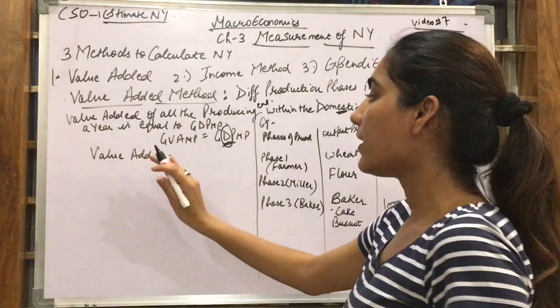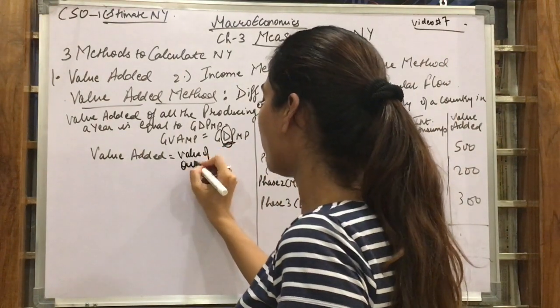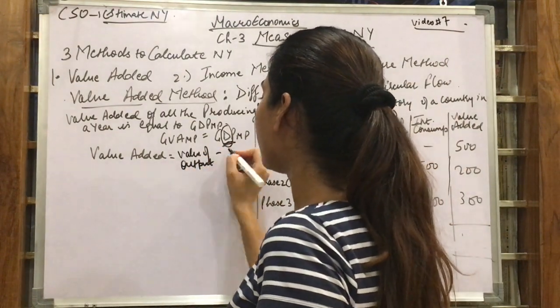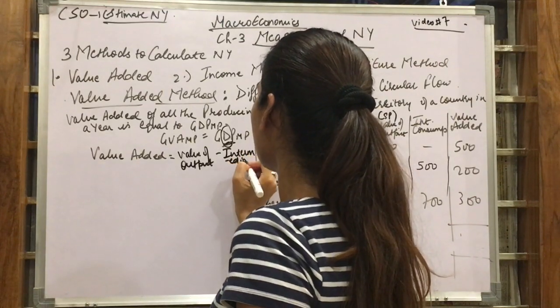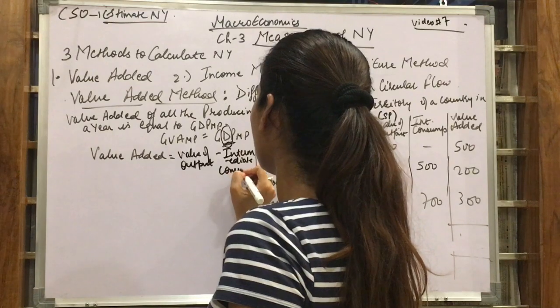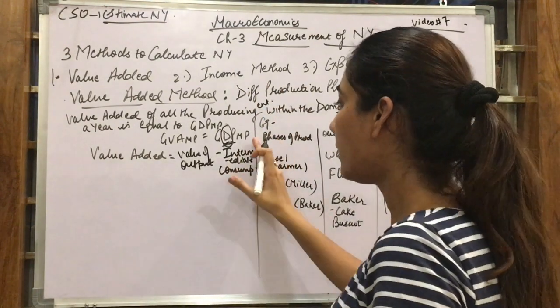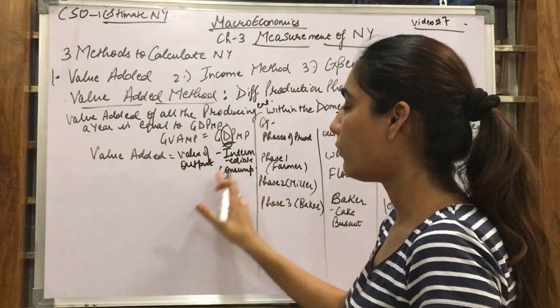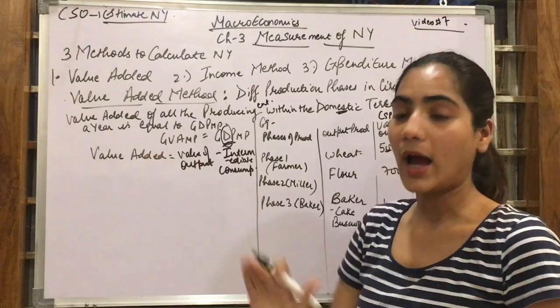So value added is equal to the value of output minus the intermediate consumption. That means we are going to subtract intermediate consumption from the value of output to find out the value added.